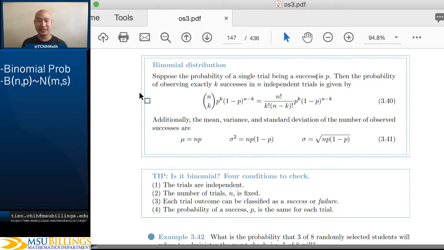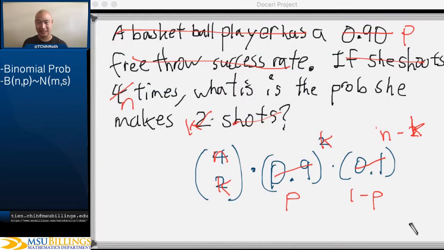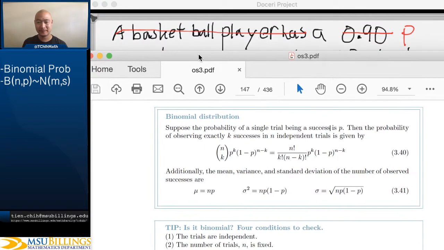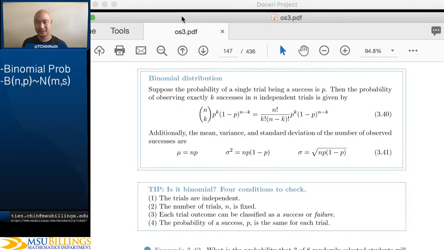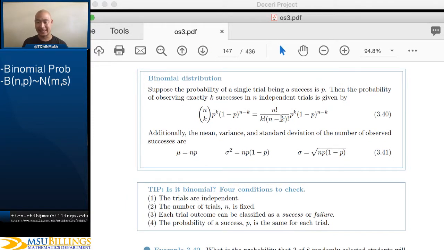Then the probability of observing exactly k successes in n independent trials is given by n choose k, p to the k, 1 minus p to the n minus k, right? And that's exactly what we have written here in red. And then they just rewrite the n and k in the language of factorials if you care about that. It's not a big deal if you do.